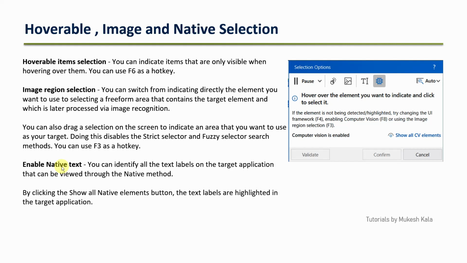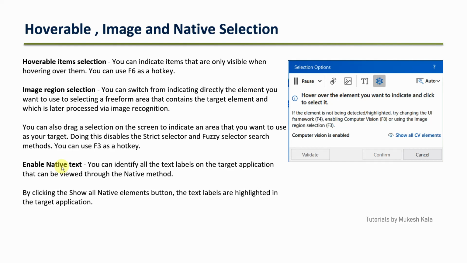So guys, whenever we talk about the methods, we have native, full text, and OCR. If I want to know what I can automate in my application using just the native text visible on the screen, right?